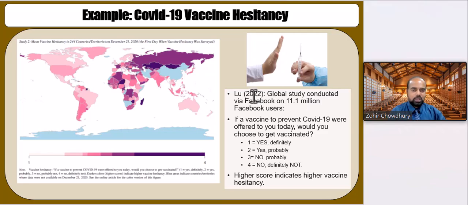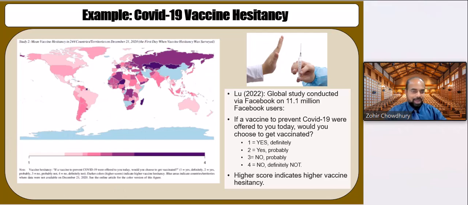In this global study, a survey was conducted during the COVID-19 vaccination campaign. And this map that the authors depicted is showing vaccine hesitancy. So they used 11.1 million Facebook users, and they asked one question that is mapped in here.